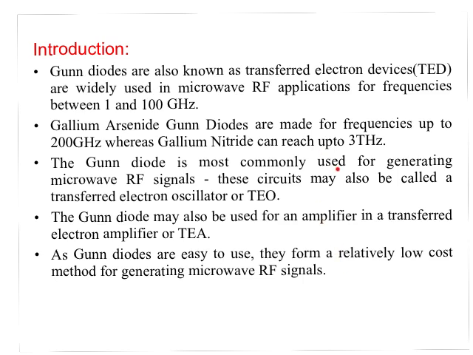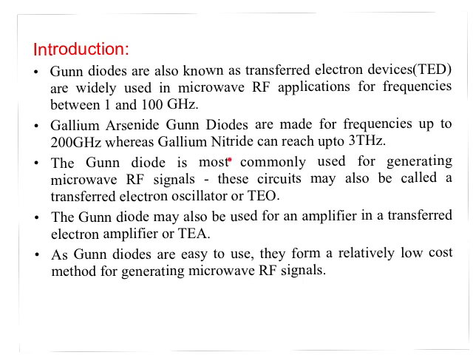So, basically the Gunn diodes are transferred electron devices. They are used in microwave RF applications for frequencies from 1 to 100 gigahertz. They are mainly made of gallium arsenide or gallium nitride. When made of gallium arsenide, it is used for frequencies up to 200 gigahertz.